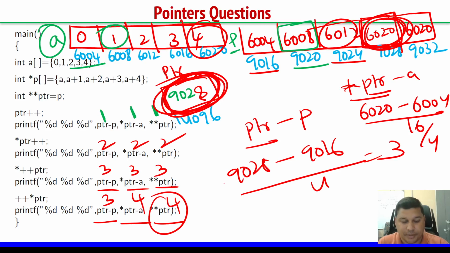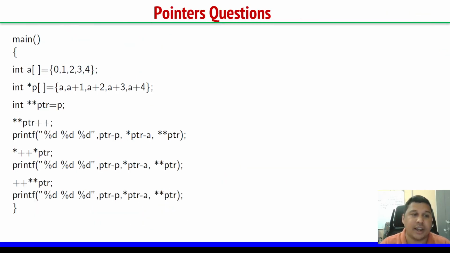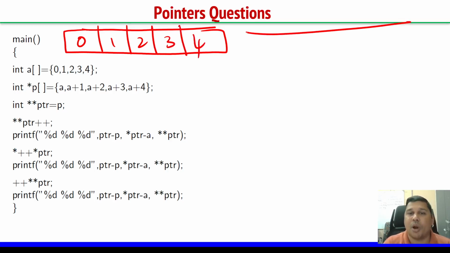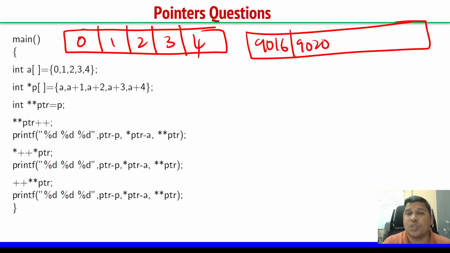Okay. Let's see. Another and final question. Same data again. I will just quickly draw it for you. So you have 0, 1, 2, 3 and 4 and there is a memory block 6000, 6004, 6008, 6012, 6016 and 6020.